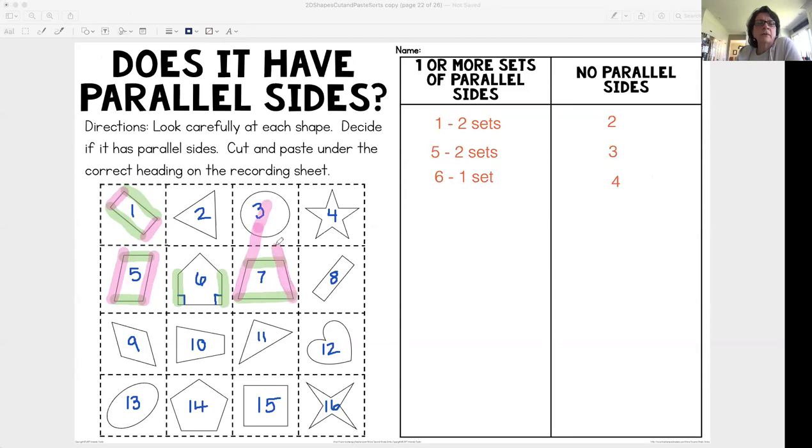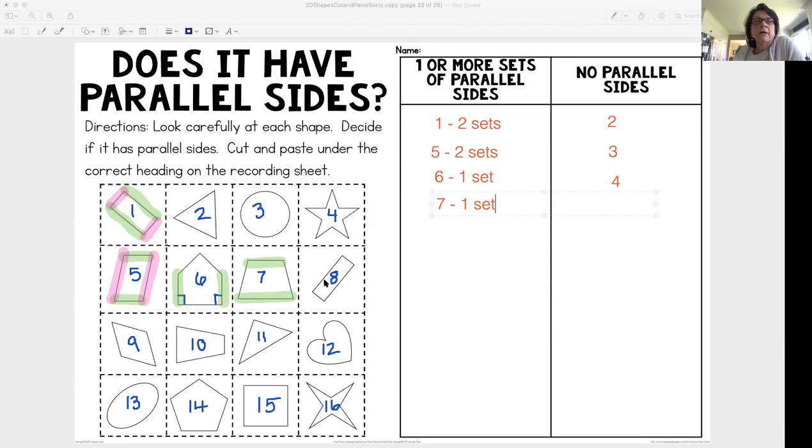So if I keep drawing them, because lines go on and on in either direction, they eventually meet. So those are not parallel lines. So shape 7 has 1 set of parallel lines. And because it has one set of parallel lines, it has a special name, and it's called a trapezoid. So it is a quadrilateral because it has 4 sides, and it has no right angles.